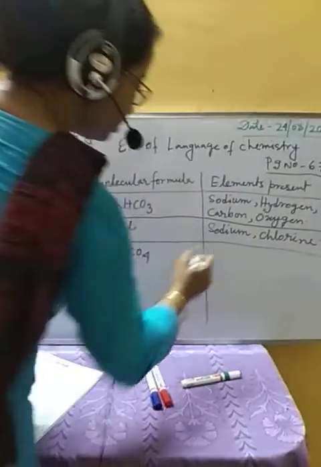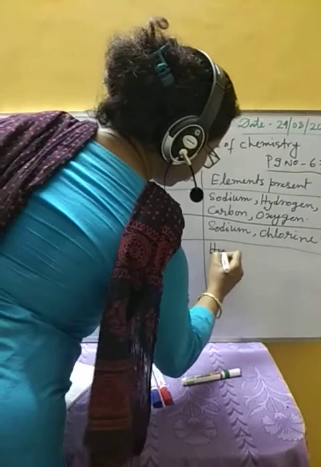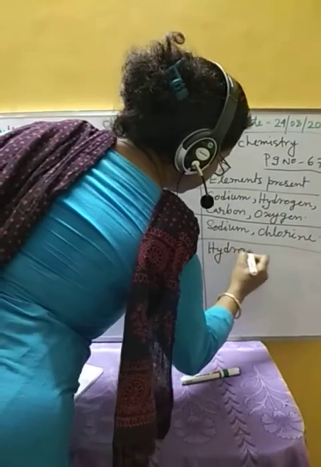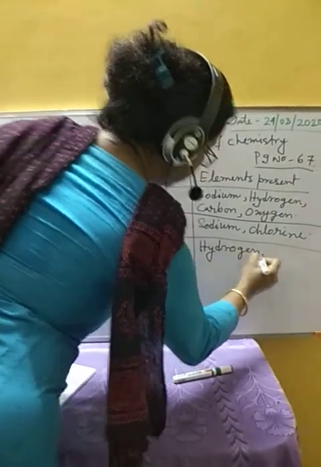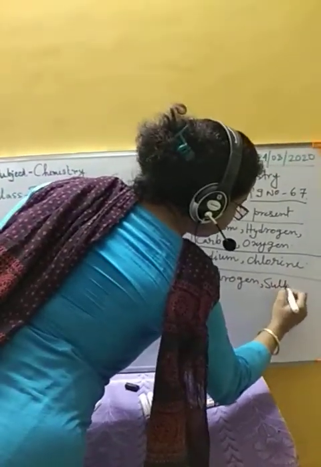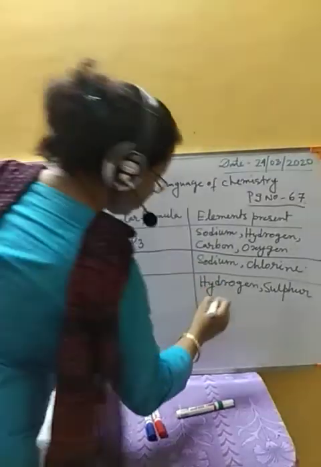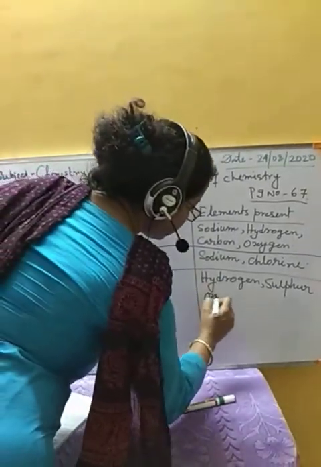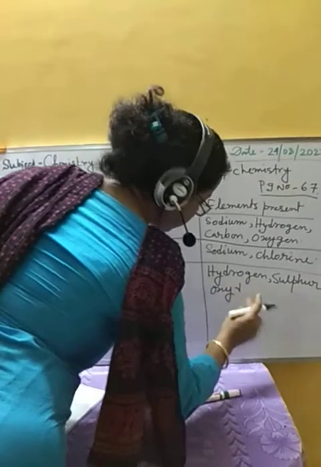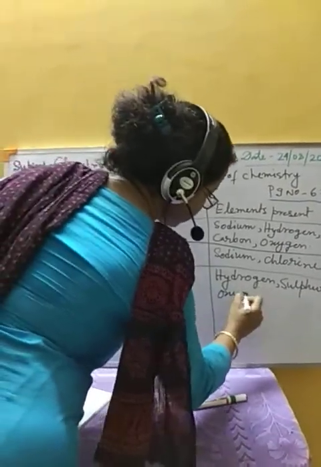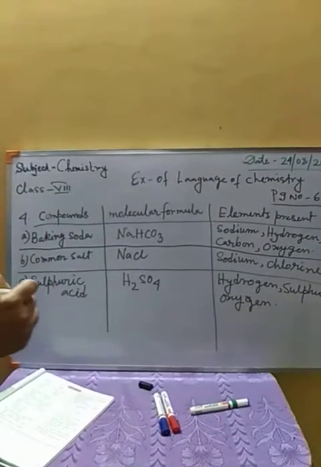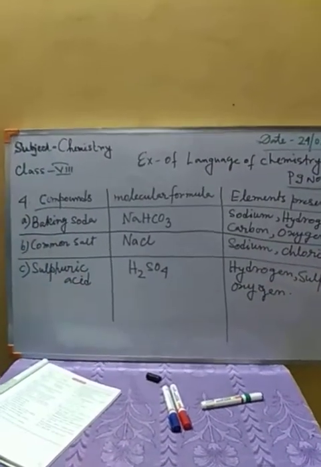So elements present will be hydrogen, sulfur, and oxygen. Okay, these three are there: hydrogen, sulfur and oxygen.